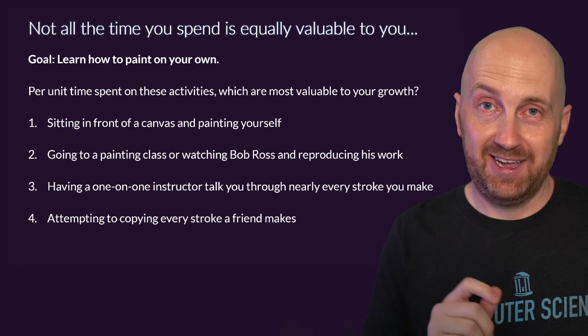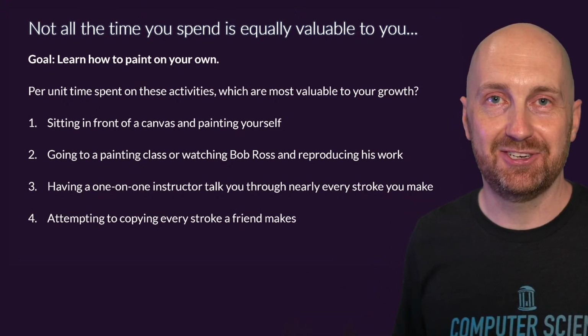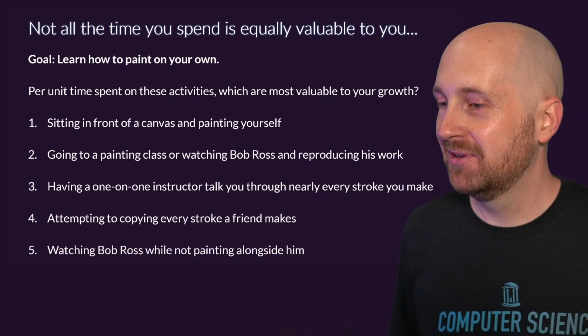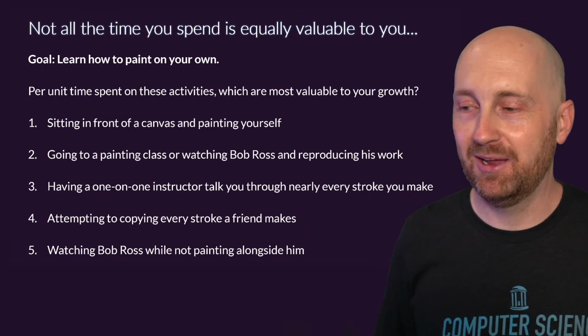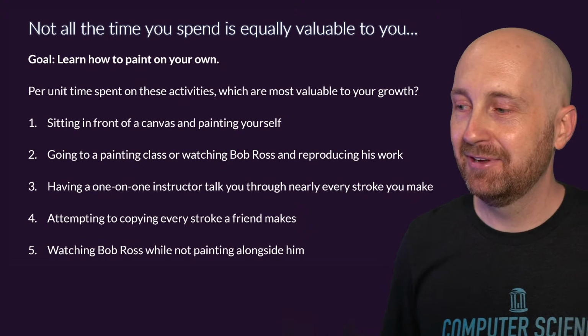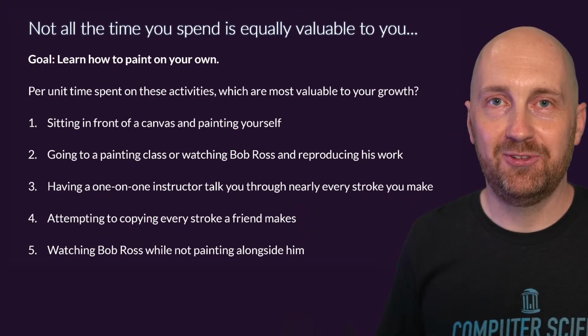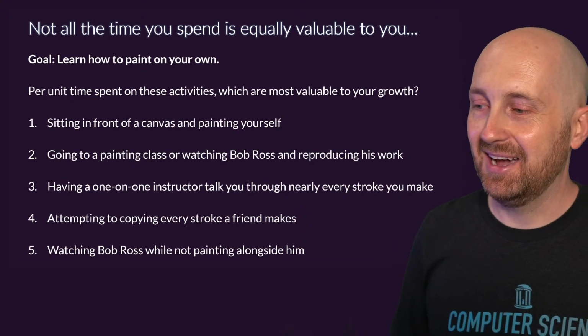Four, trying to just watch a friend and copy without there even being instruction or a dialogue, just trying to mimic someone else. And lastly, watching Bob Ross while not painting yourself and laying in bed, which is most of my professional painting training has come from number five, just watching Bob Ross, the famous YouTuber, stream his show and not painting alongside of him.